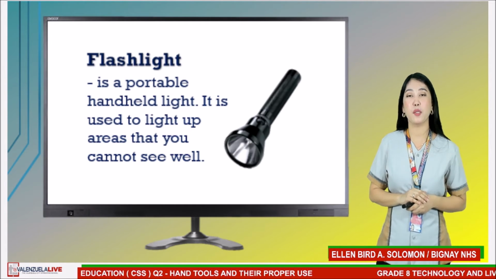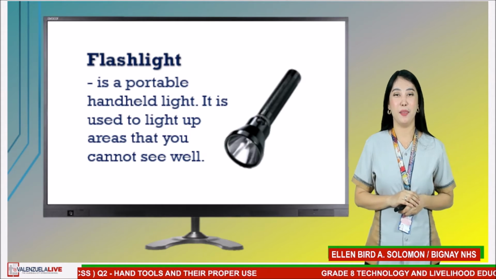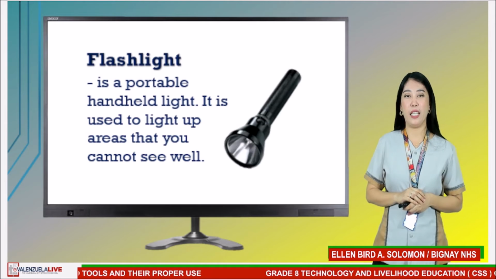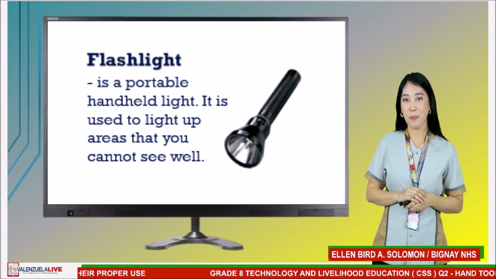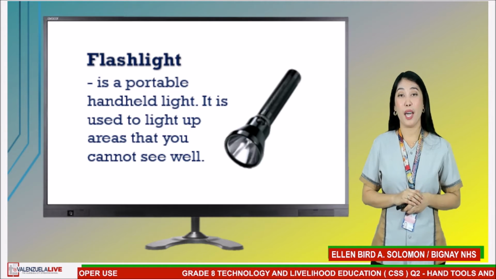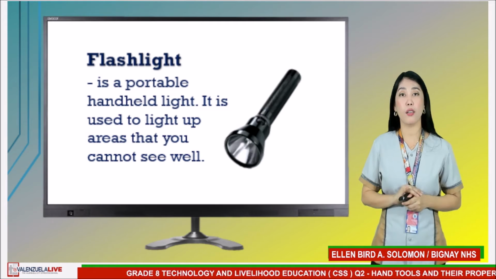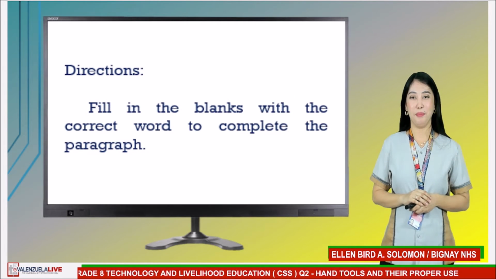It is used to light up areas that you cannot see well. Hand tools are to be selected properly according to their use to make the job more accurate, to save time, effort, and money. And of course, to prolong the serviceability of each tool.